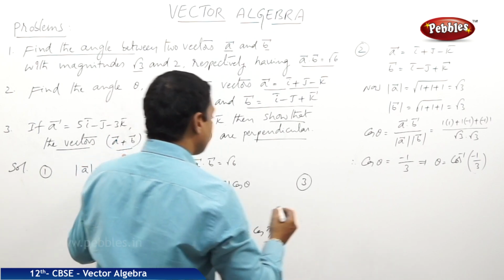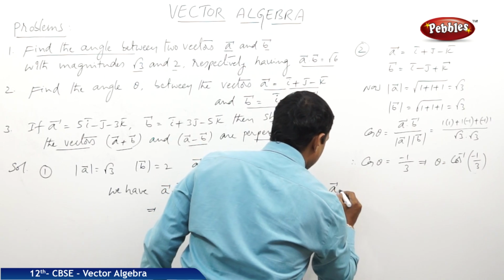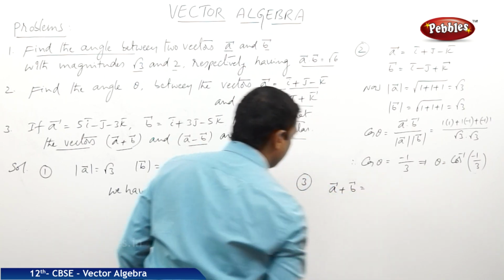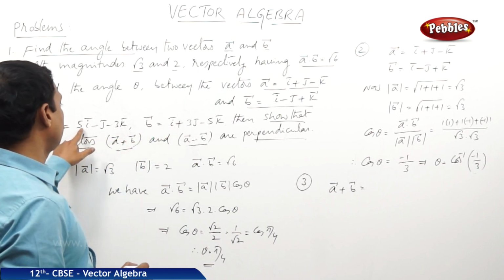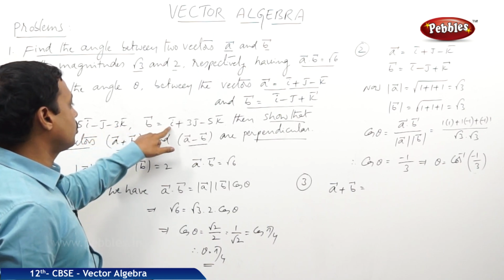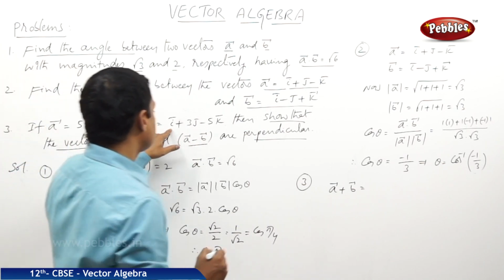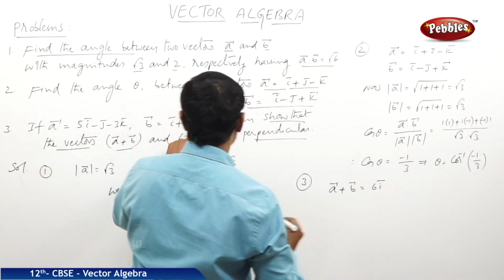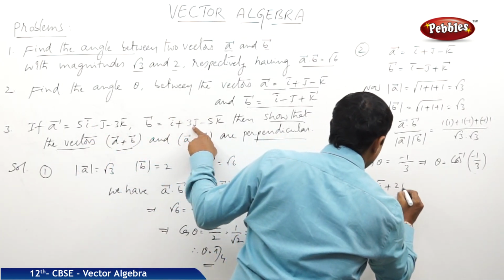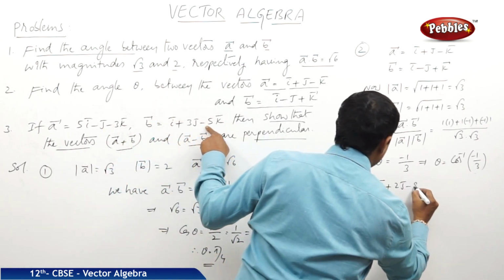Before that, let us find a plus b vector and a minus b vector. A bar plus b bar, where a is equal to 5i minus j plus 3k, b is equal to i plus 3j minus 5k. Add them. 5i plus i, 6i, minus j plus 3j, 2j, minus 3k minus 5k, minus 8k.